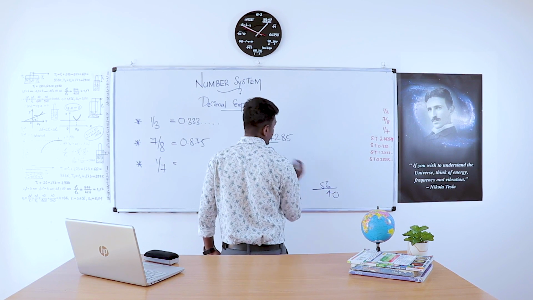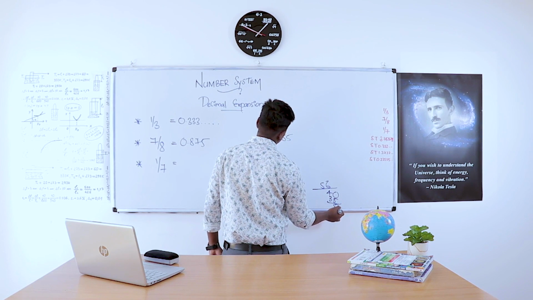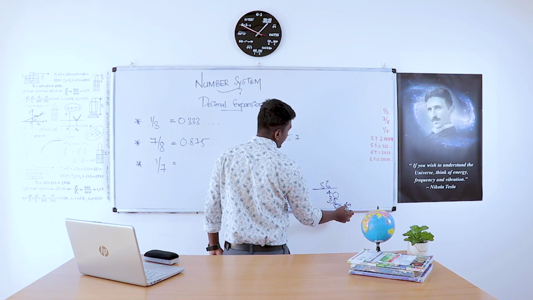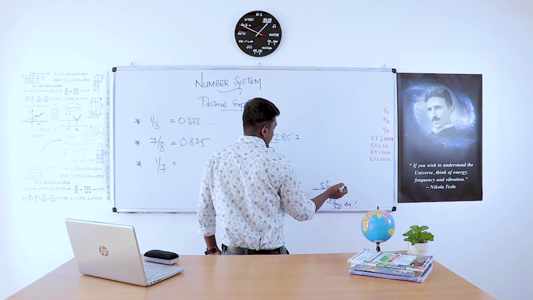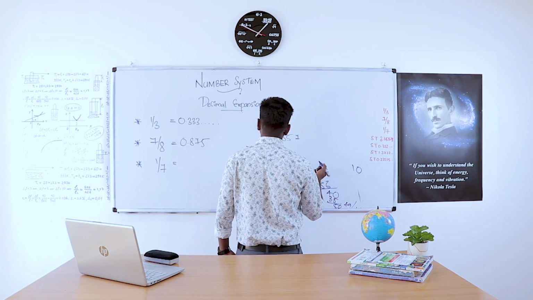7 into 5, 35. Remainder 5. It becomes 50. 7 into 7, 49. Remainder 1. It becomes 10.